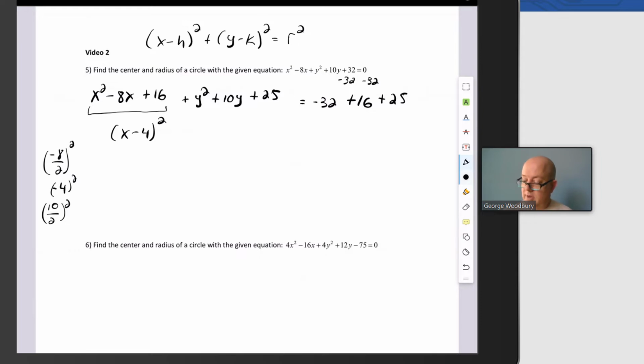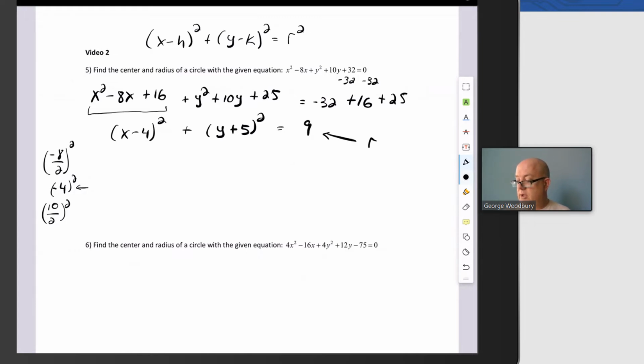And that negative 4, that's no accident. That value is always going to be in the factored form. For y squared plus 10y plus 25, that is y plus 5 quantity squared. And on the right-hand side, negative 32 plus 16 plus 25 equals positive 9.